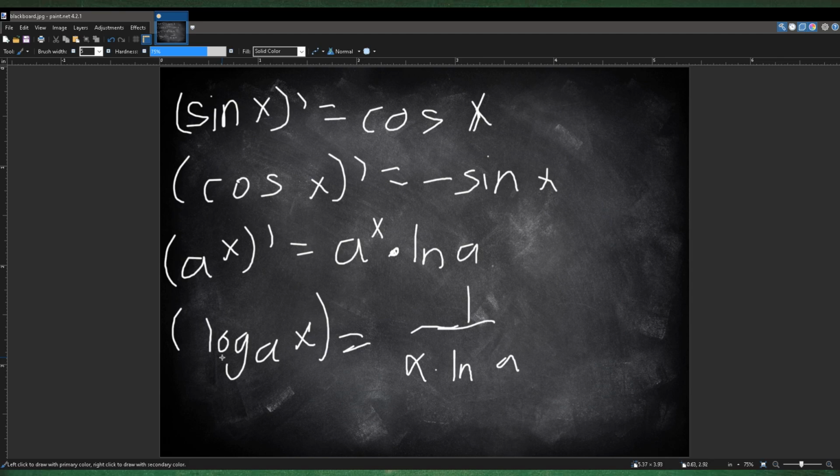And then you have log base a of x, which you also need to memorize, because then you could use this to derive the same ideas like you did with the exponentials with the chain rule. So that basically covers everything for this video.